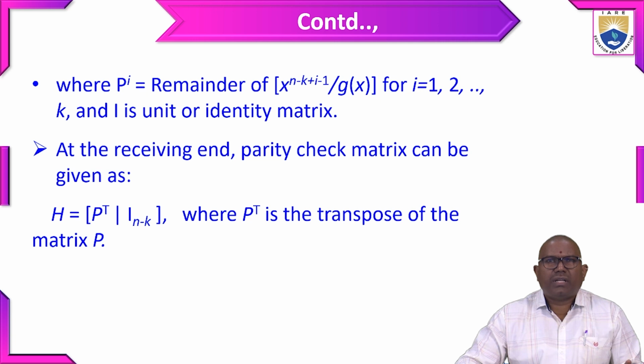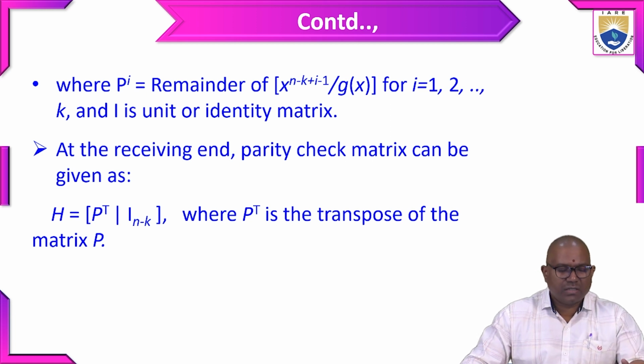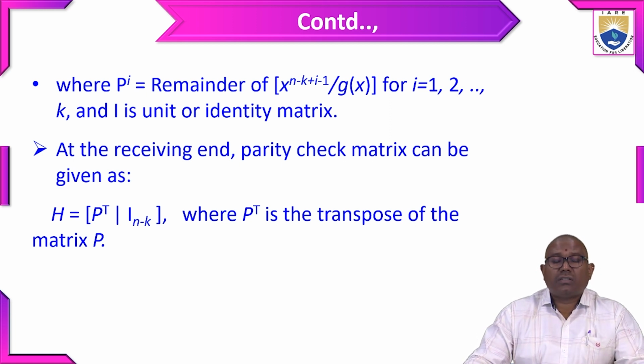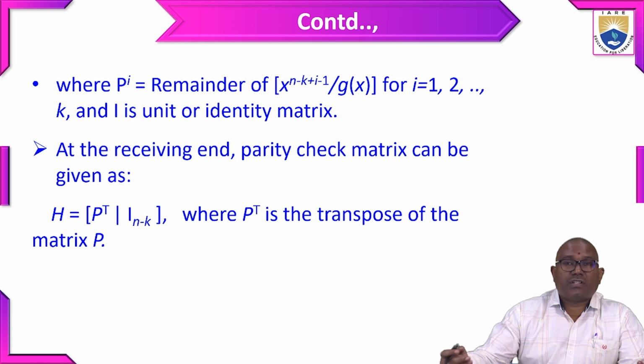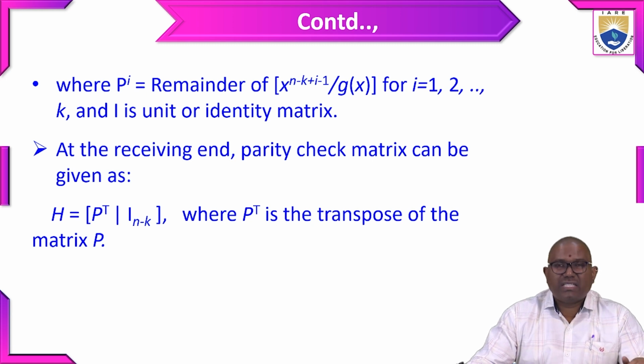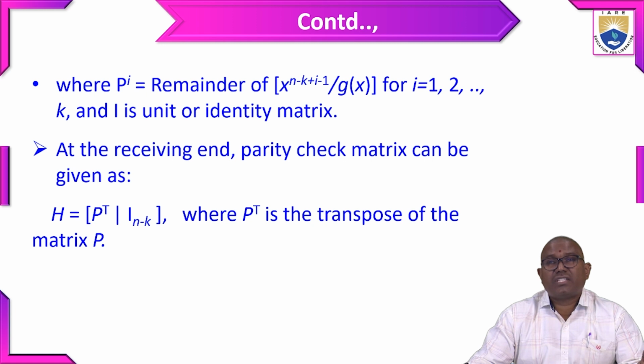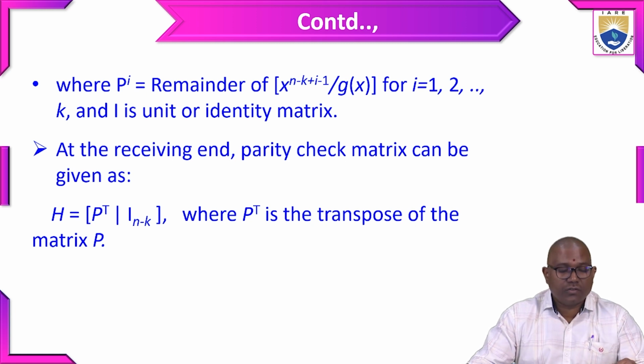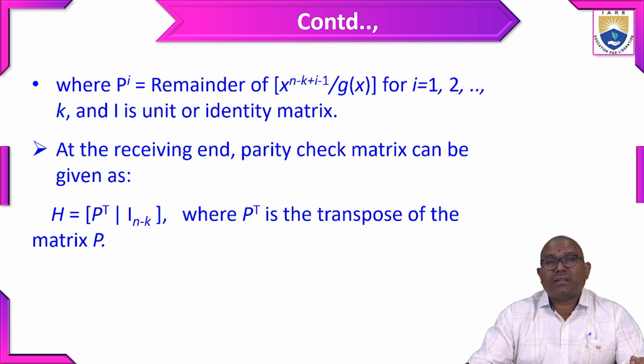P is the coefficient matrix and I is the identity matrix. At the receiving end, the parity check matrix is denoted as H. Generation is not the end; you must check again at the receiver. G is the generator matrix and H is the parity check matrix. By using the parity check matrix, you can detect the error.